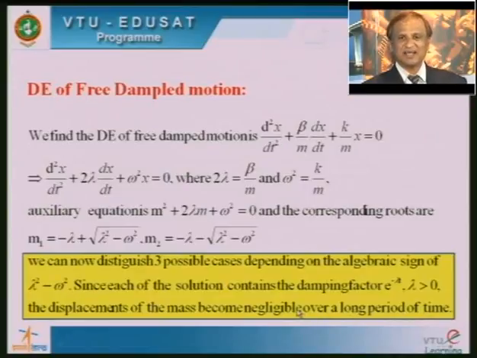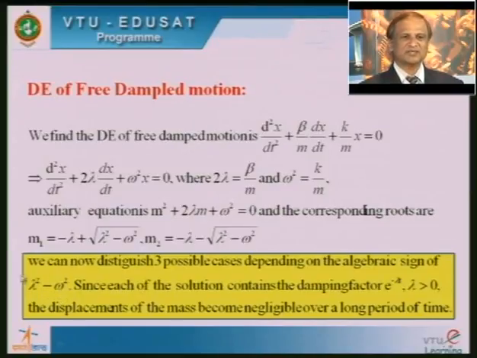It means as t increases, displacement tends to 0, and that depends upon this damping factor, namely e to the power minus lambda t. So lambda is greater than 0, and this depends upon the value of lambda squared minus omega squared.